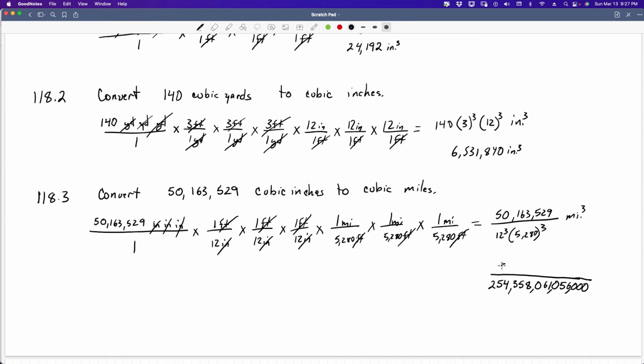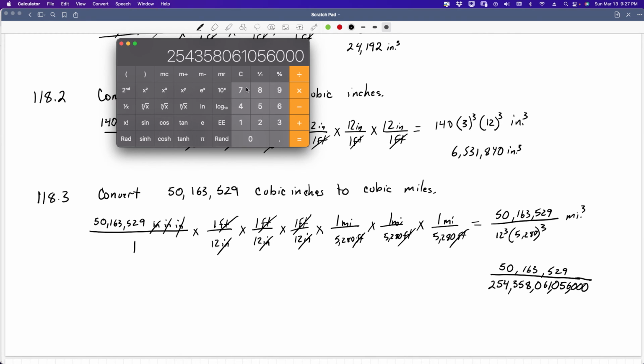So now I'm going to put this number back up here so we can see what we have. I'm going to divide this by this to get my answer. So I'm going to clear this out, and I'm going to put in 6,531,840 divided by, and then I'm going to type in the bottom number, 254,358,061,056,000, equals 0.000000197.